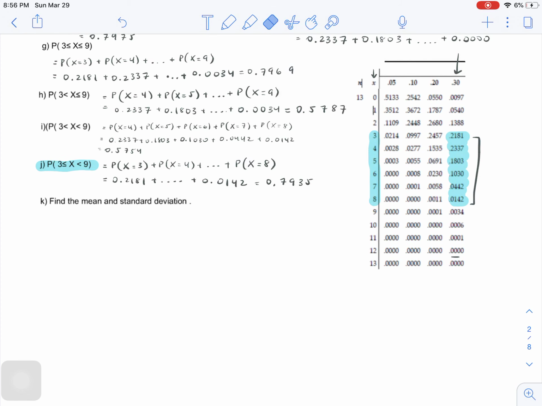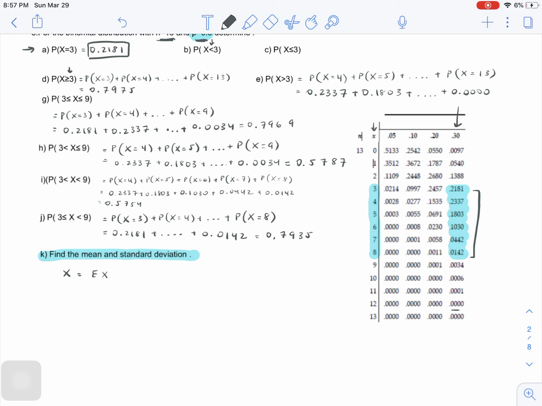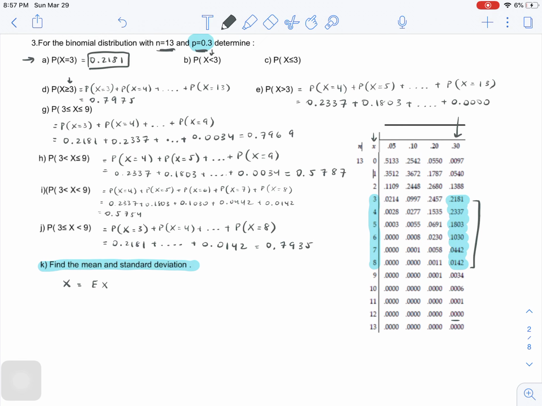Okay, lastly, for part K, we want to find the mean and standard deviation of our binomial distribution. Remember that for any discrete random variable, the mean of a discrete random variable x is just the expected value of that random variable. And for a binomial random variable, we have a little shortcut.